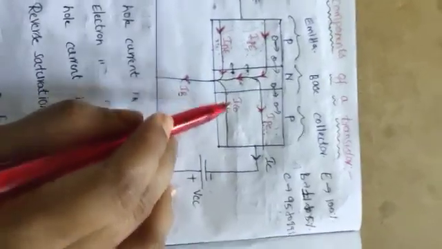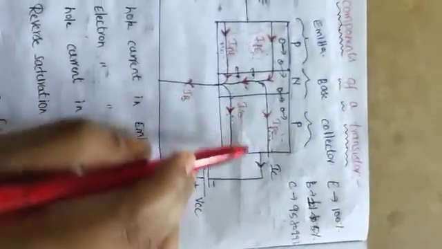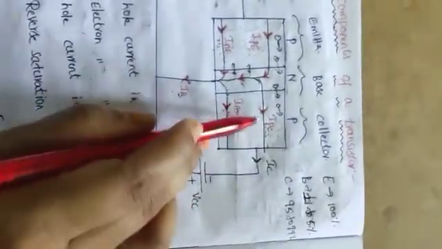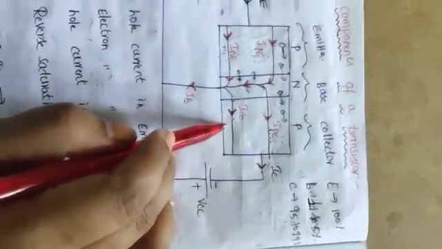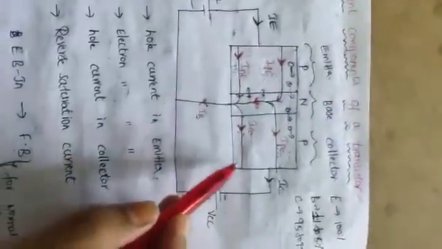We have to include this current also, so the collector current IC equals IPC plus ICO. These are the different current components in the transistor.